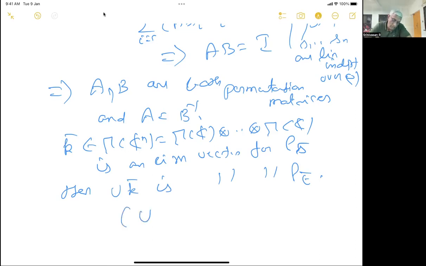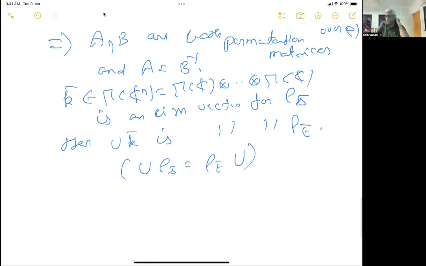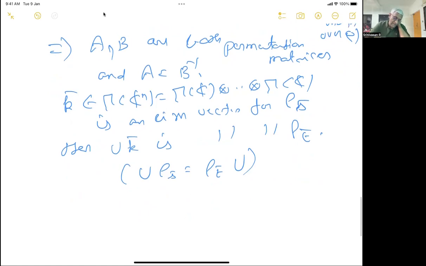Because U rho S bar equal to rho T bar U. Okay, so if you have a K here, you will get an eigenvalue, it will pass through that because of this. So UK is an eigenvector for that. Now, what is the eigenvalue? So rho S bar acting on this vector K. I mean, this K I should have written as the ket, which will be easier.